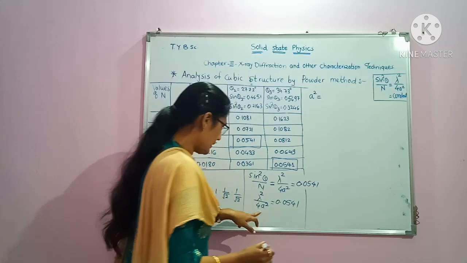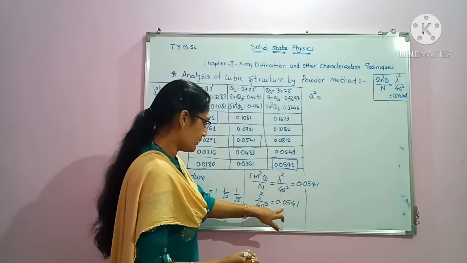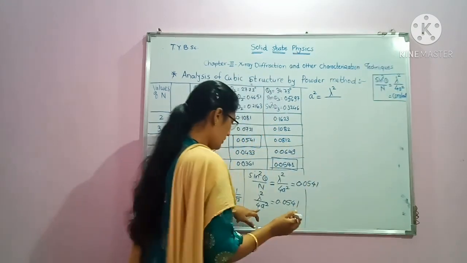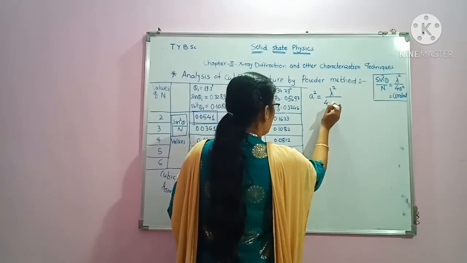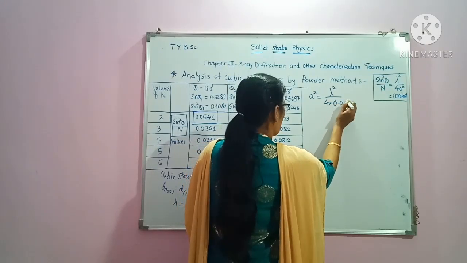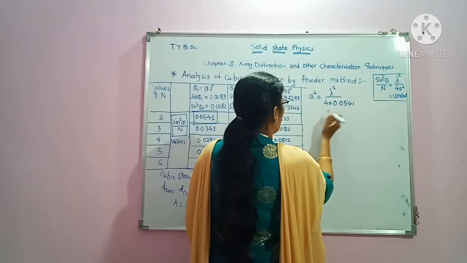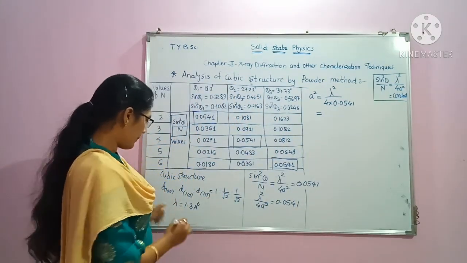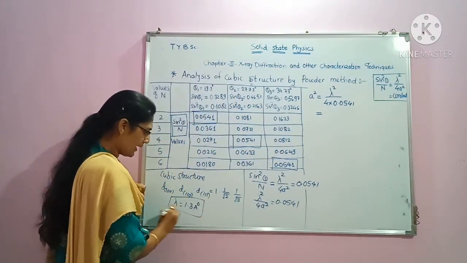will become lambda square upon 4 into 0.0541. We know that we have initially taken the value of lambda as 1.3 angstrom.